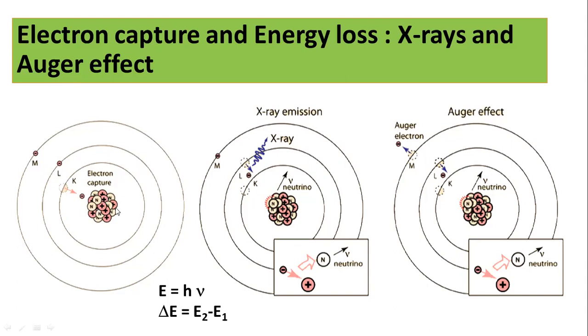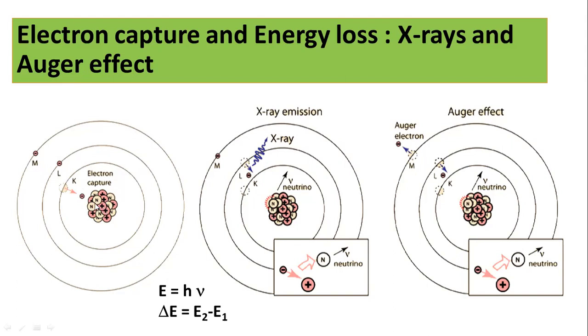So what is this? This is the nucleus, and the electron present in the K shell is captured by the nucleus. This process is called the electron capture, and by capturing this one, one positive charge is lost.